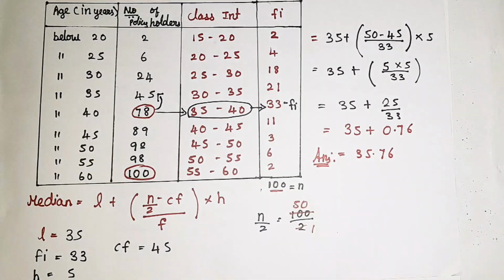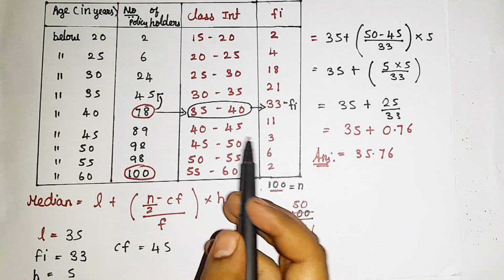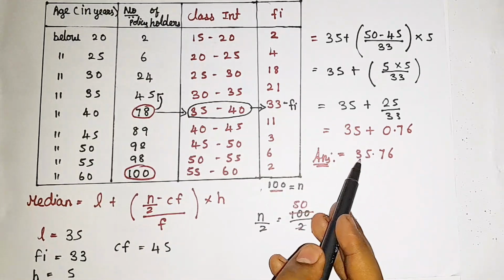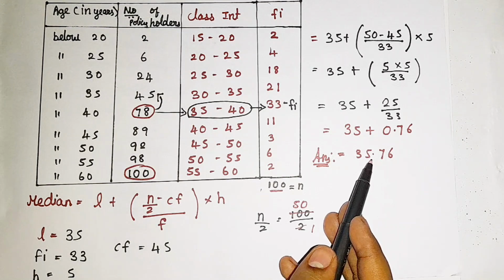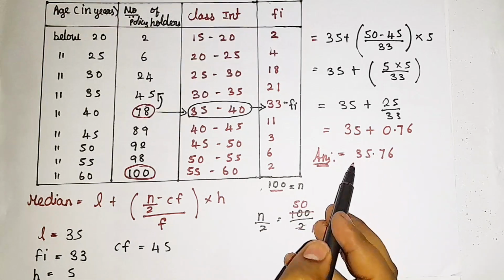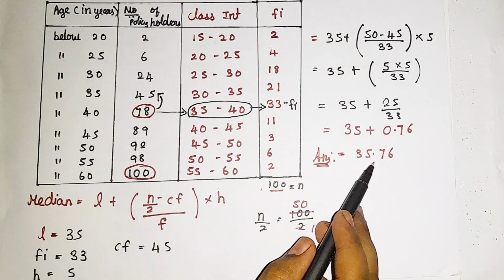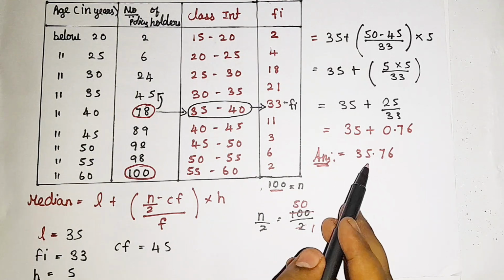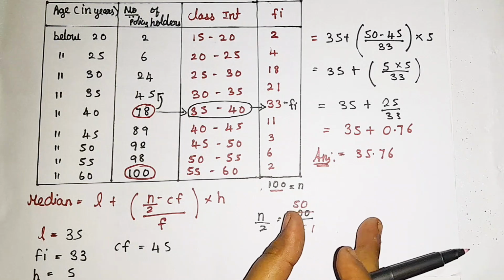The meaning of this answer is that there are fewer policy holders who belong to this much age, and more policy holders who belong to this much age. This much age means this age, that is 35.76. Point-wise you can just calculate, right? Likewise we are just predicting it.